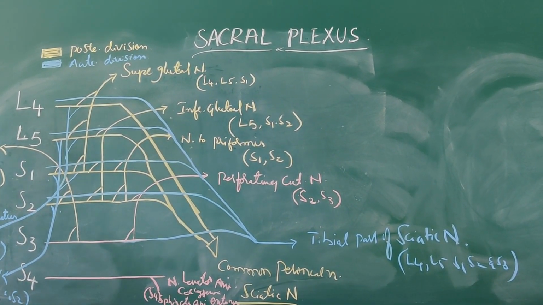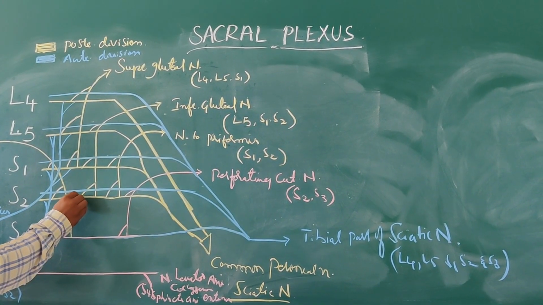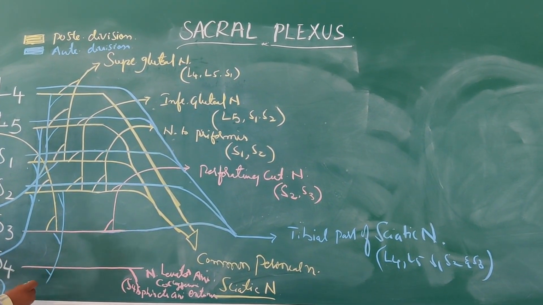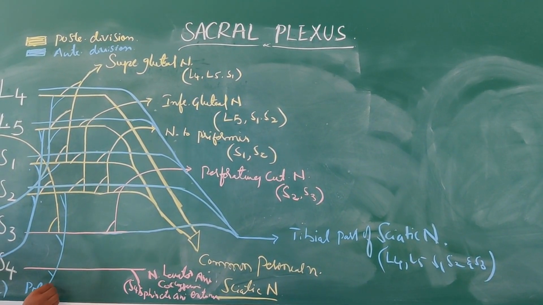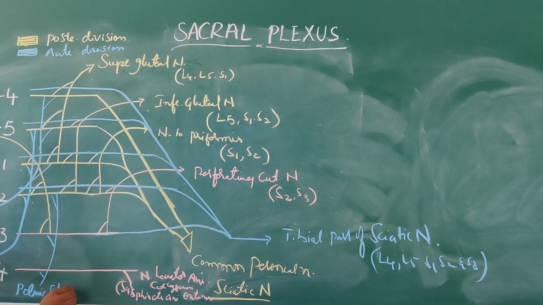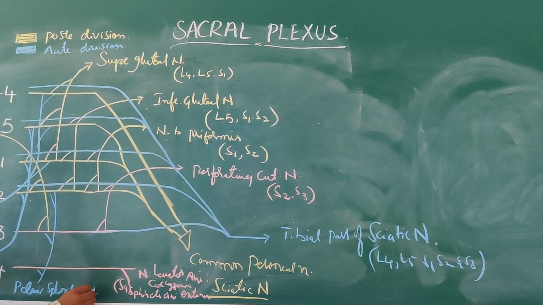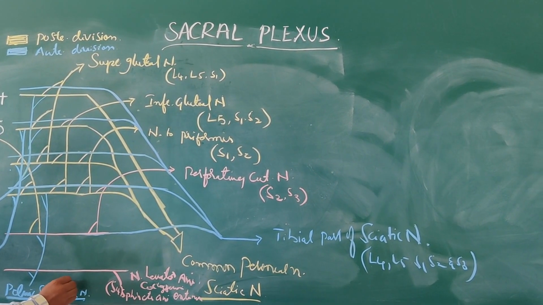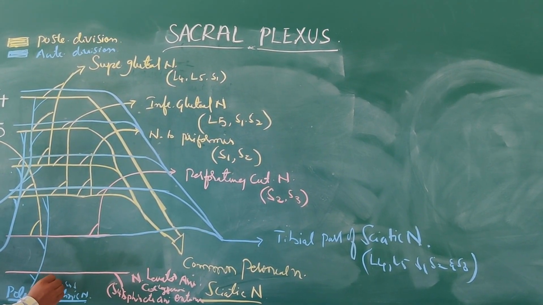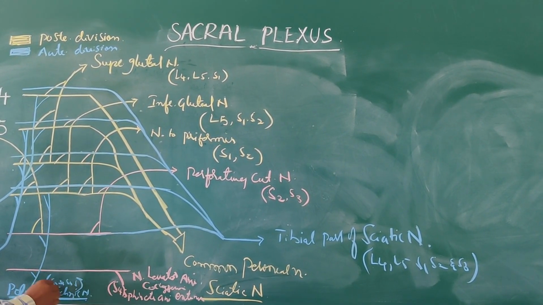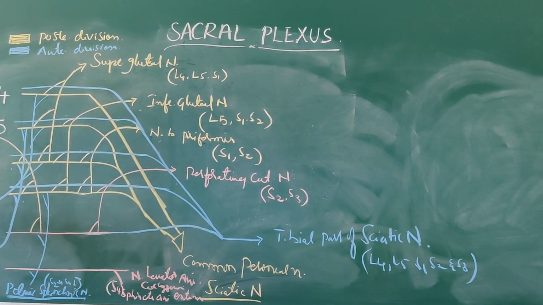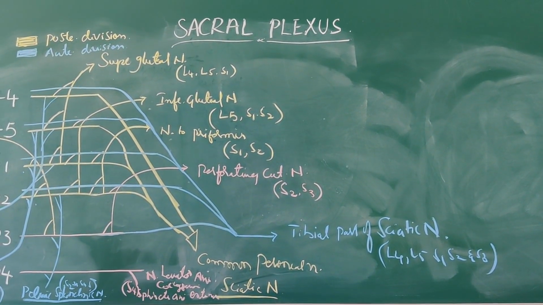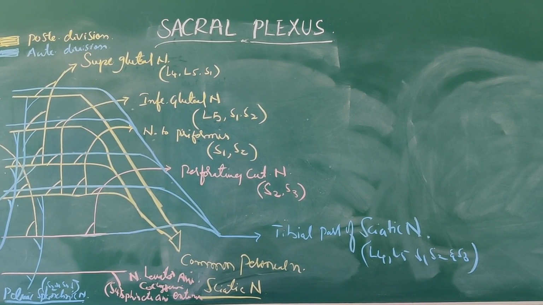The anterior divisions of S2, S3 and S4 give rise to the pelvic splanchnic nerves. These nerves supply the pelvic viscera. S2, S3, S4 is the root value. The anterior divisions of S2, S3 and S4 supply the pelvic visceral organs.